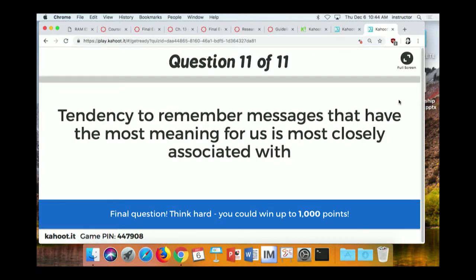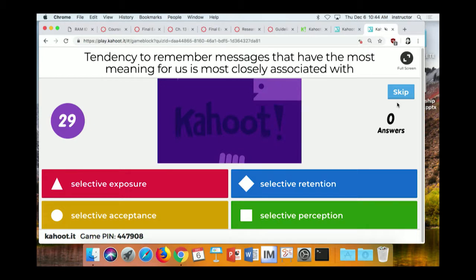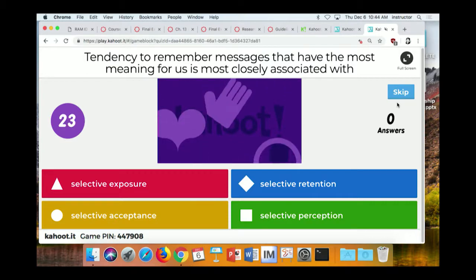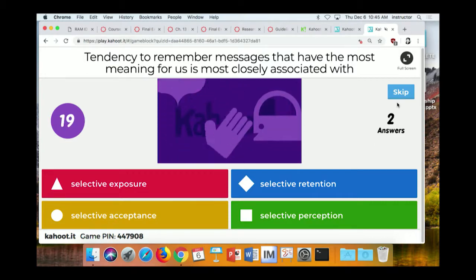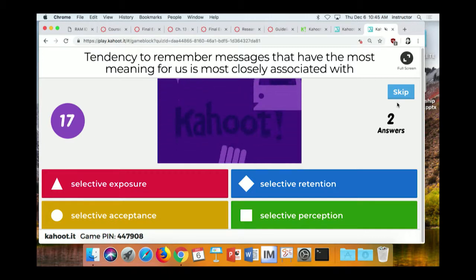All right, and last question. Tendency to remember messages that have the most meaning for us is most closely associated with which of these concepts? Selective exposure, selective acceptance, selective retention, selective perception. So let's look at the question again.